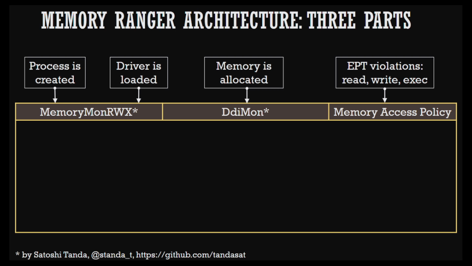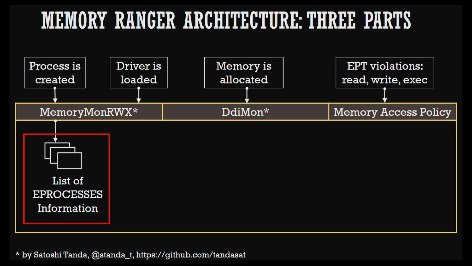MemoryMon RWX processes the loading of new drivers and processes as well as all EPT violations, while DDIMon installs the invisible hooks on kernel functions which allocate and deallocate memory. I developed the memory access policy, which is a kind of brain for the first two parts.